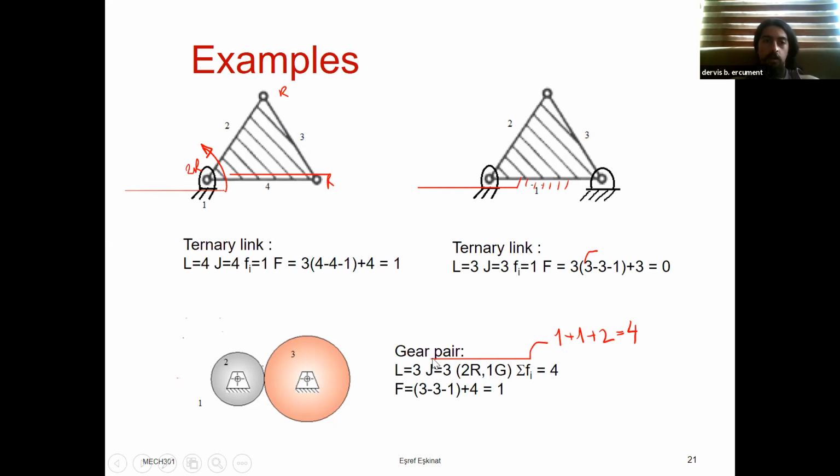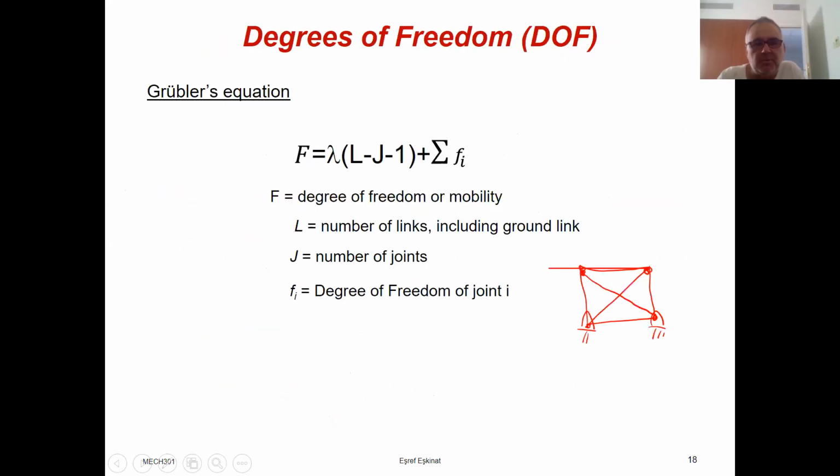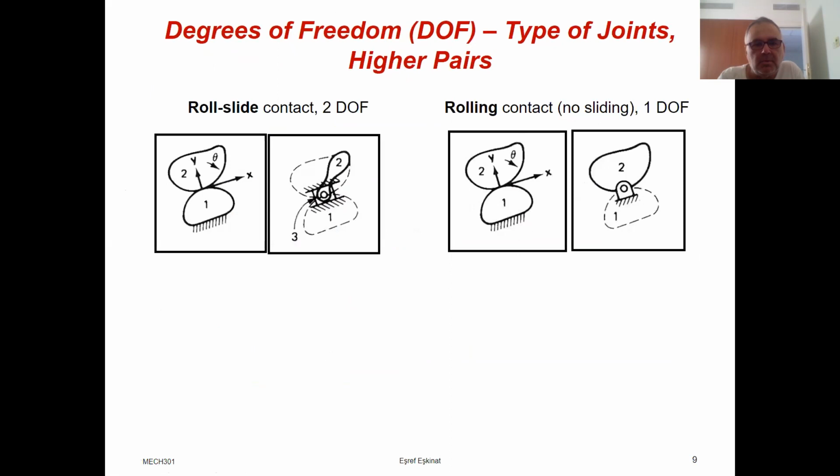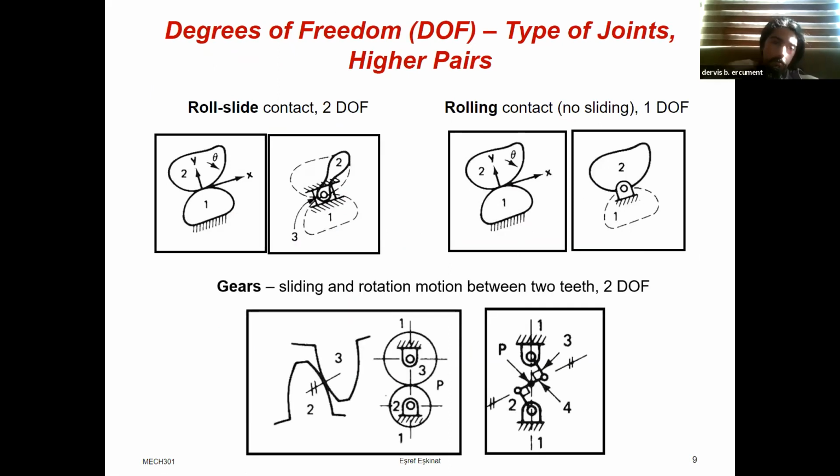Hocam, how does a gear joint allow for translational motion? Could you please explain? Okay, let me go back to it. It was here. The gears have sliding and rotation motion between 2 teeth. If you have 2 teeth here, there is a possibility of sliding motion between these two gears, and there is the possibility of rotation.